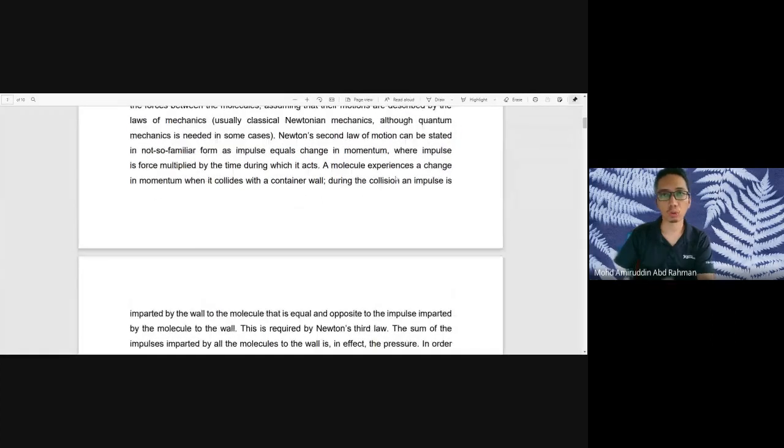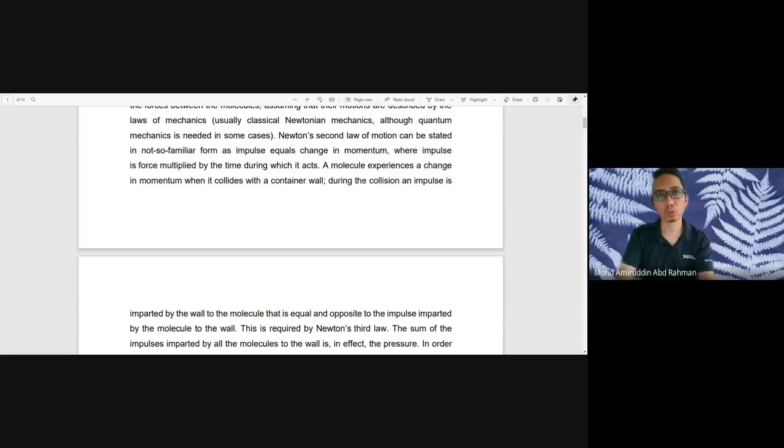So you have the gas molecule, and it will collide with the wall. Let's say you are inside the room where you cook your meal. Suddenly there is a gas leakage, and the gas molecules will fill your room.